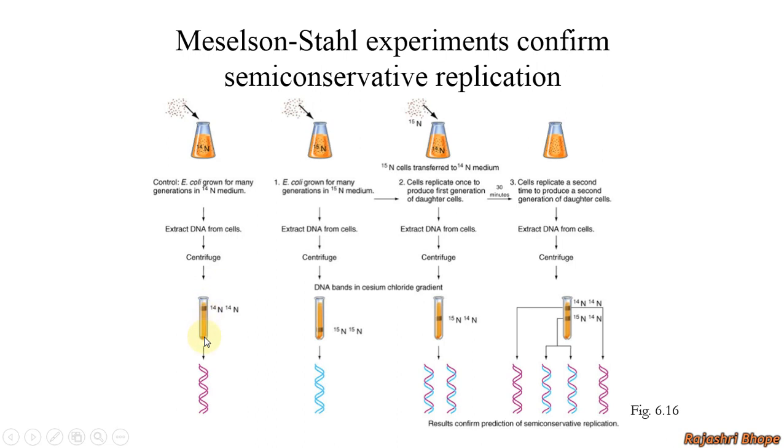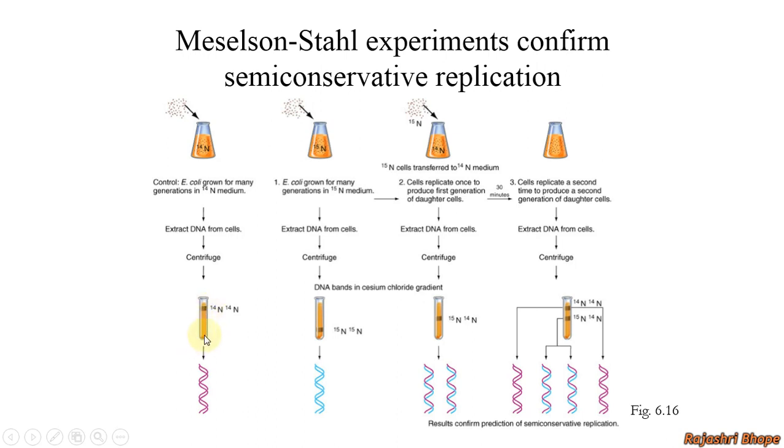Now this density gradient centrifugation separates molecules on the basis of their density. If you see this centrifuge tube, the density gradient is already developed using either sucrose or Ficoll or cesium chloride.